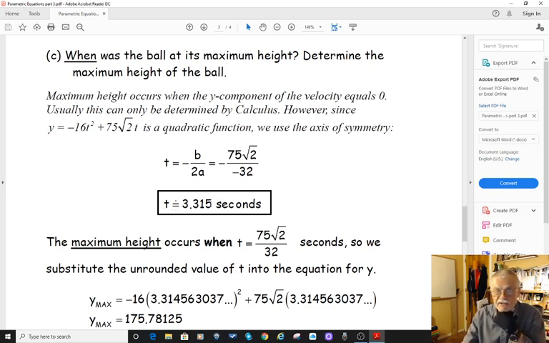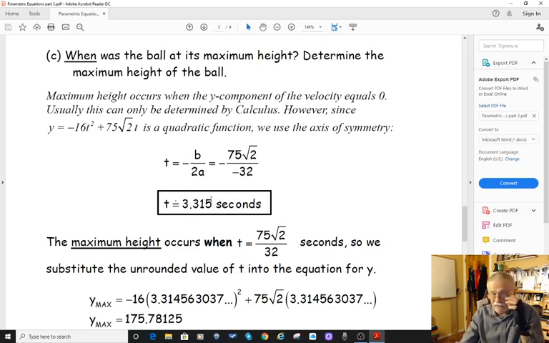Again, this is an approximation. Notice I'm not using an equal sign here. If you use an equal sign, it's technically incorrect. So if the question asks what's the exact, then you would just give me 75 rad 2 over 32. That would be exact. Once you put this in your calculator, it's an approximation, and the usual standard is 3 decimal places.